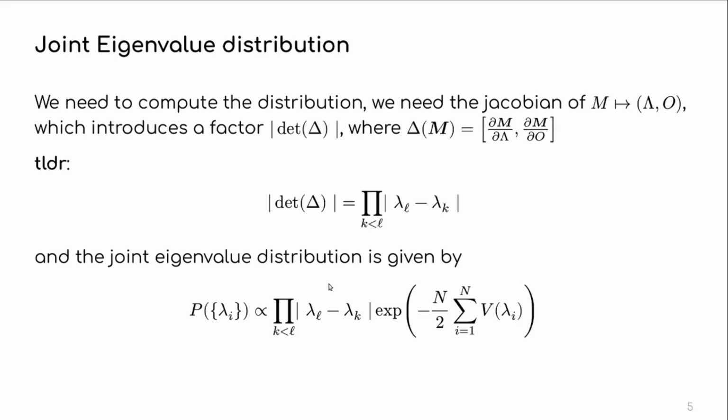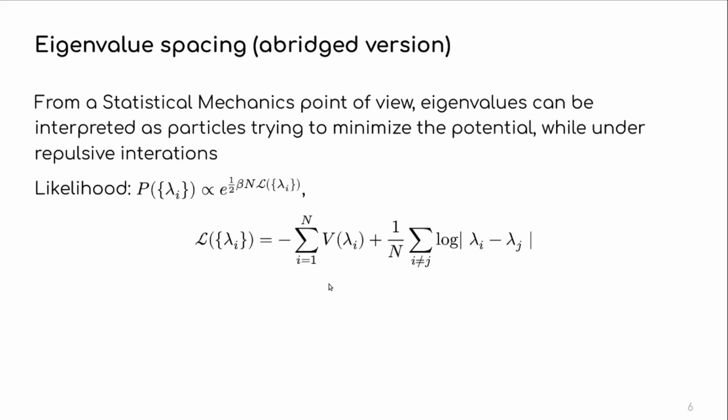If you were a physicist, you could interpret this as essentially saying that the eigenvalues work a bit like particles of gas. You could imagine each particle being a point moving, constrained to the real line or just the complex space, trying to minimize some potential, here just V, but they have some repulsive interactions. They're particles and they don't want to get too close.